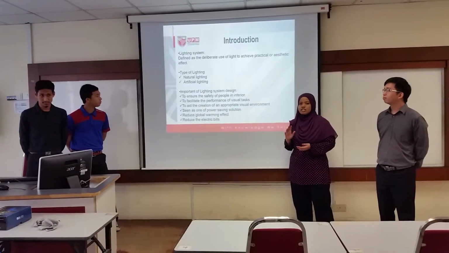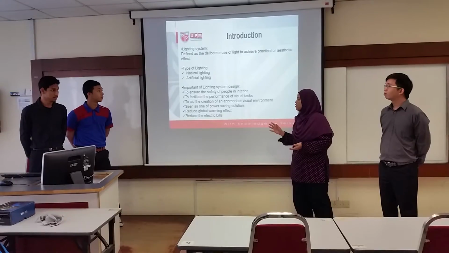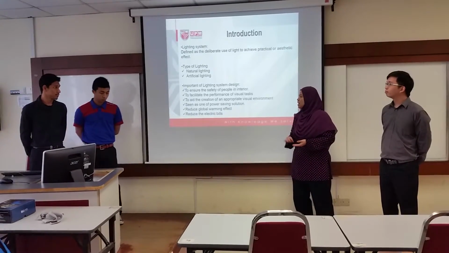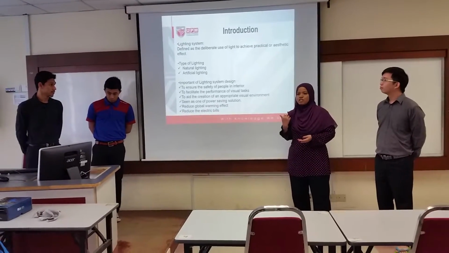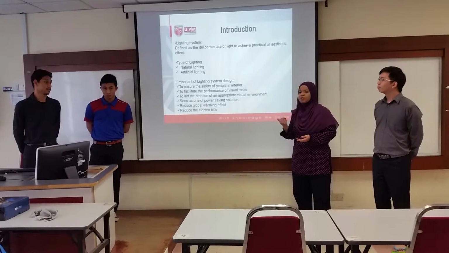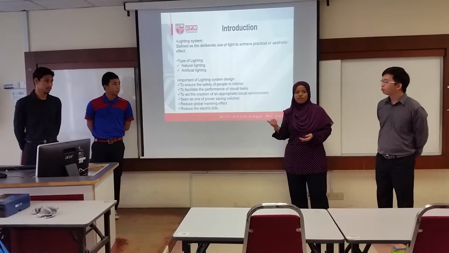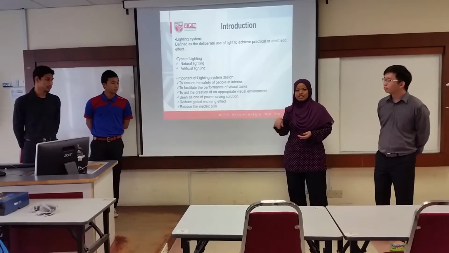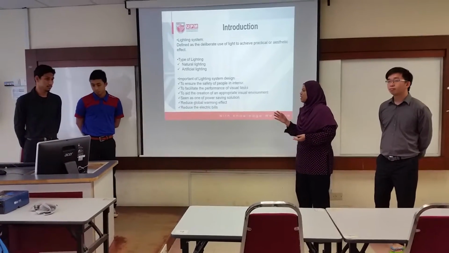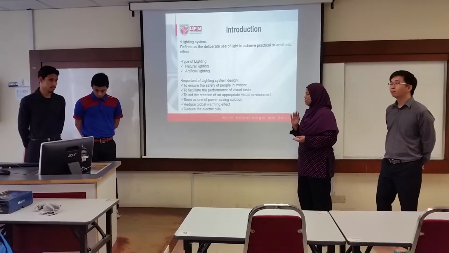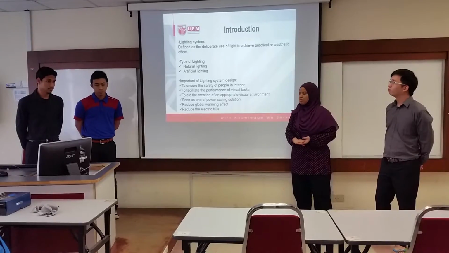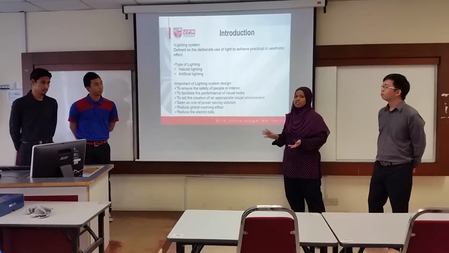Lighting system design is seen as one of the power saving solutions. When we save power, we also reduce the global warming effect, as it affects the heat produced. Then, of course, when we do power saving, we will reduce the electric bills.